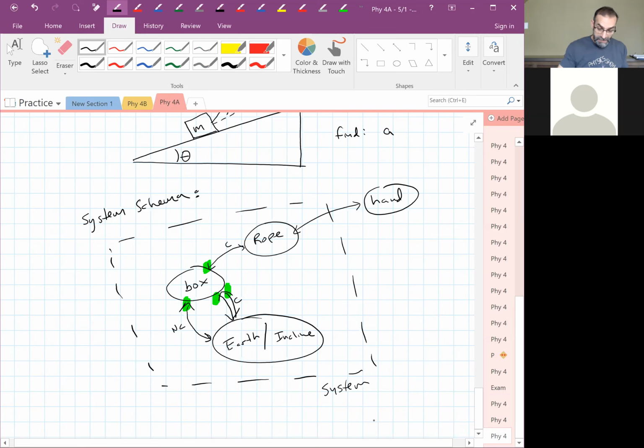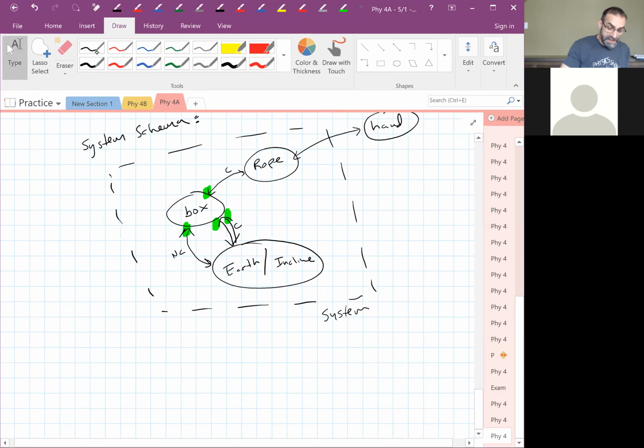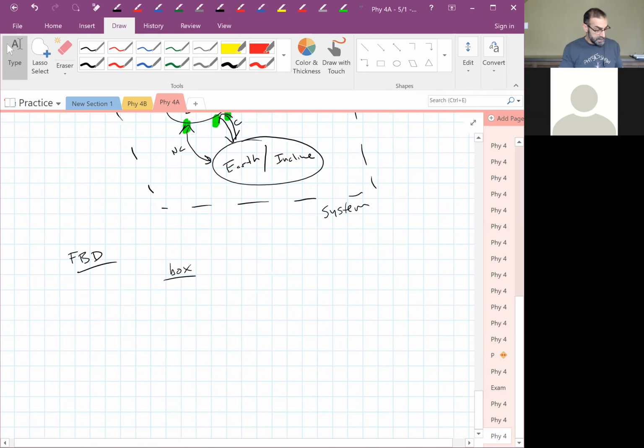So that's my system schema, and you'll see why that's helpful when we get to energy. So let's draw free body diagrams for the box. What should we do? Let's just do the box. I was going to have you do the earth also, but let's just do the box and move on.